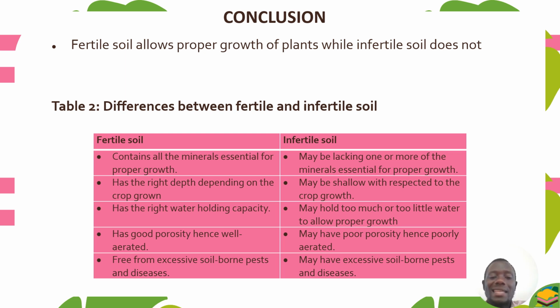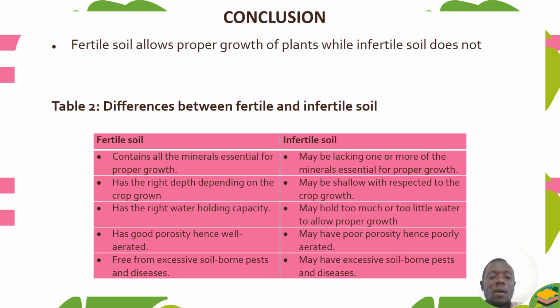Fertile soil has the right water holding capacity. So infertile soil may hold too much or too little water to allow proper growth. So those are some of the differences.